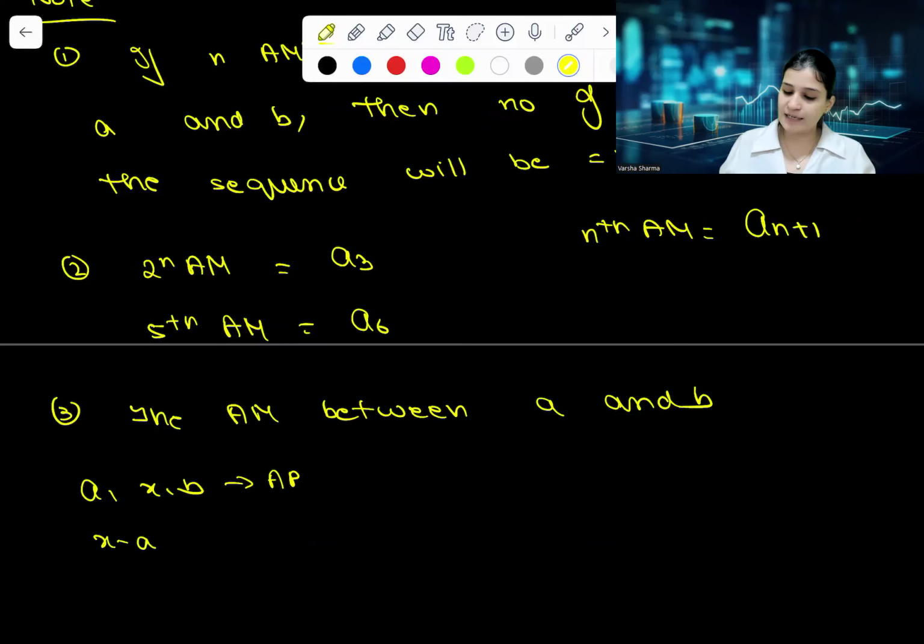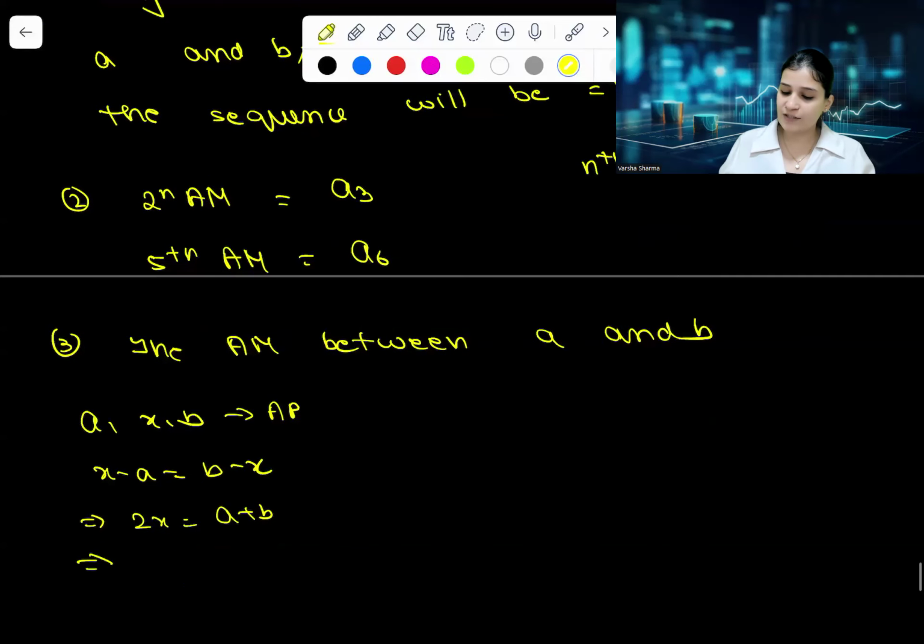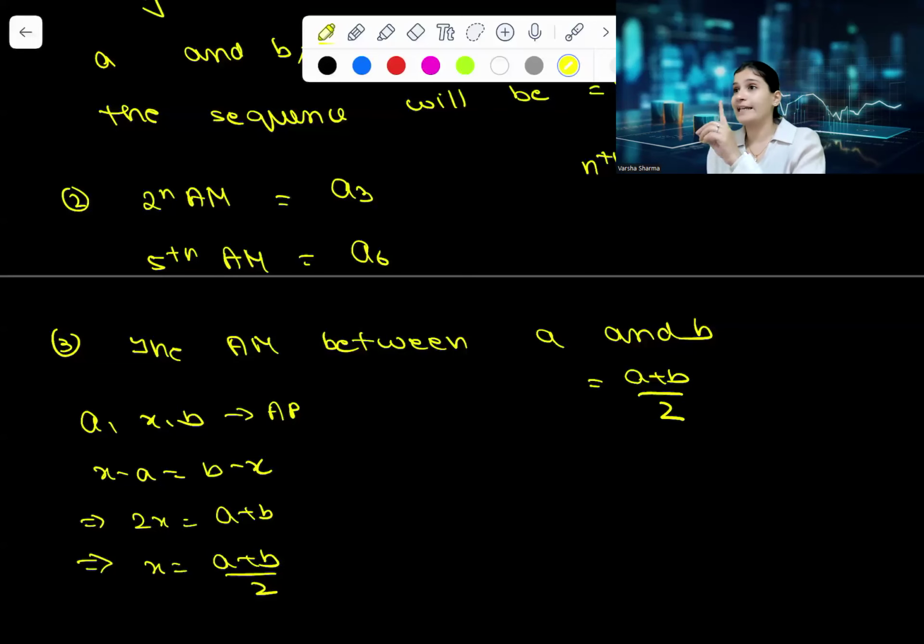So X minus A equals B minus X. 2X equals A plus B. X will be (A plus B) by 2. So the formula for arithmetic mean is basically the average. If you only want 1 AM, you use this; if you want more than 1 AM, then we'll talk about the sequence as a whole. Understood? Everybody? Written? Yes.